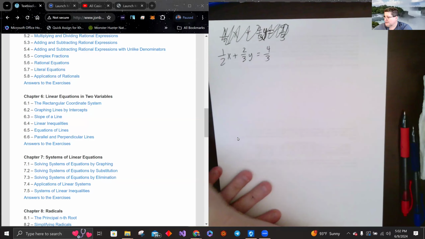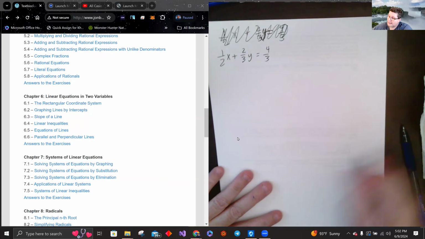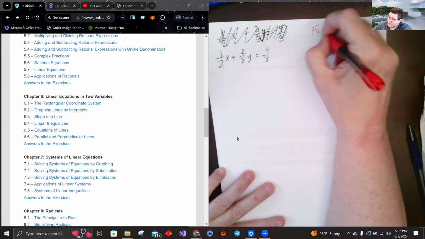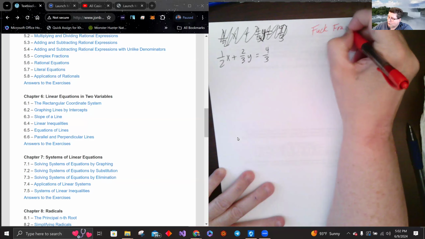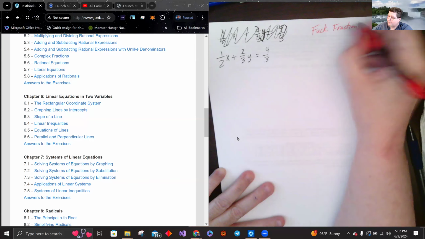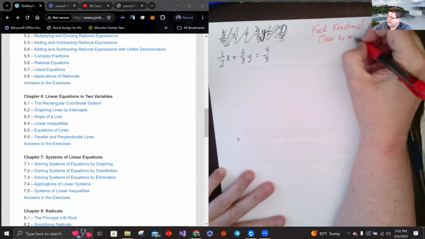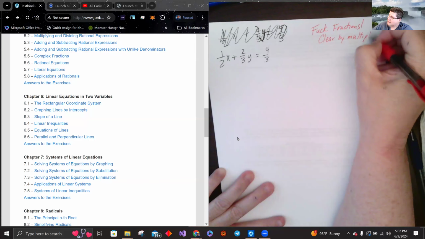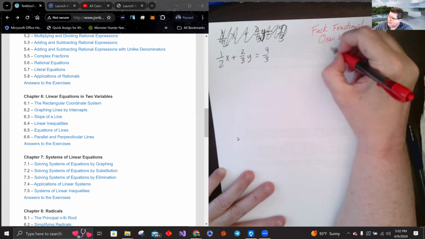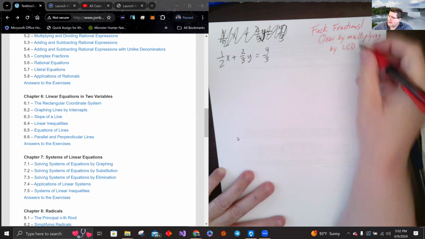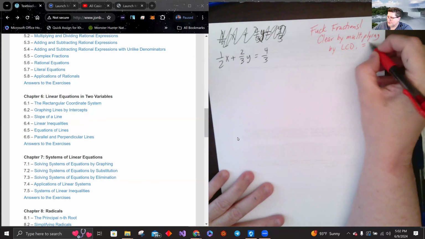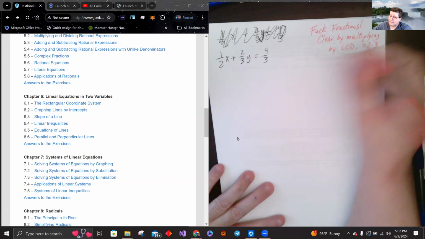So what I like to do here is I like to say, forget fractions. I don't want to work with them, so I'm going to clear them. Clear by multiplying by the LCD. I can see the LCD is 2 times 3, which is 6.